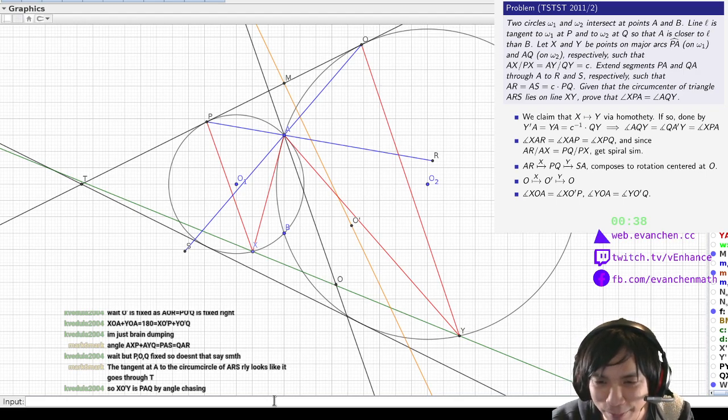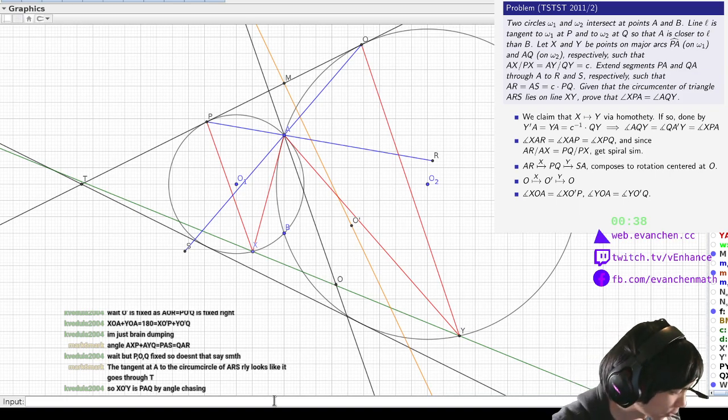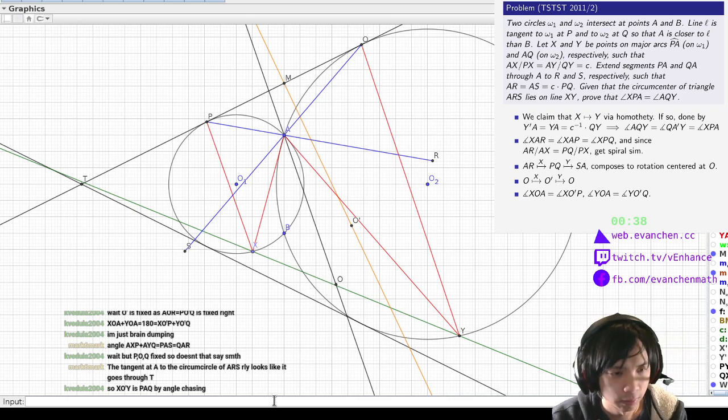That says something, but I don't know what it says. I need to think this through. I don't do this kind of thing enough.